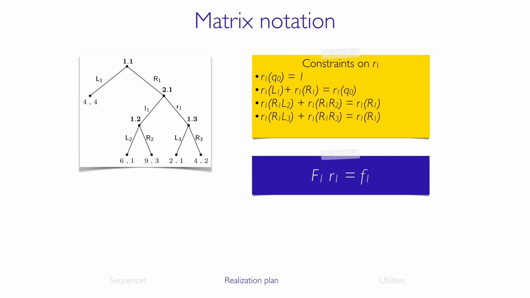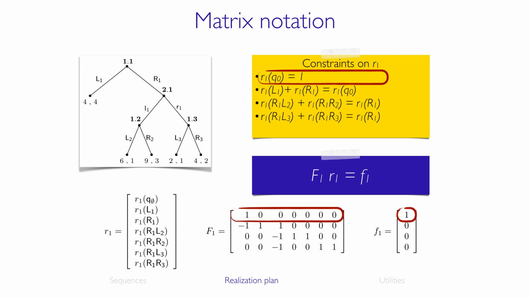The set of linear constraints on the realization plan of player 1 can be formulated in vector form as uppercase F1, lowercase r1, equals lowercase f1, where uppercase F1 is an opportune matrix, lowercase r1 is a realization plan vector, and lowercase f1 is an opportune vector.